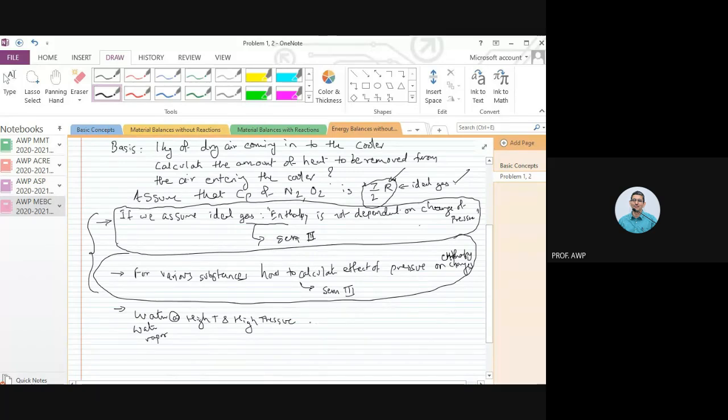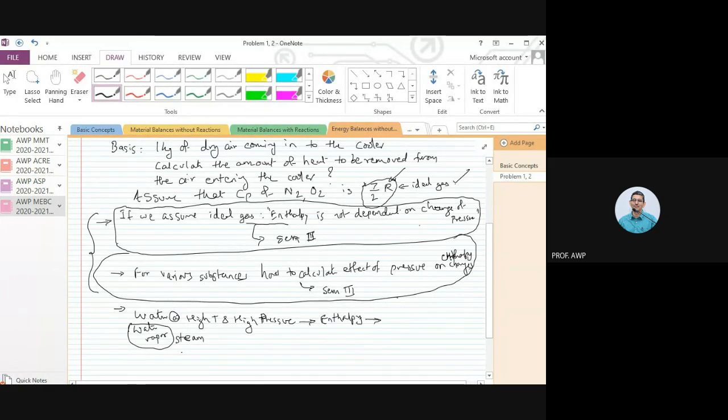So there we will have to worry about the effect of pressure and effect of temperature for water and water vapor, and the enthalpy values for water and water vapor, meaning steam. Just another word for water vapor is steam. So how enthalpy change happens, or what the enthalpy change is for water and steam at high temperature and pressures, we need to worry about in this semester itself.